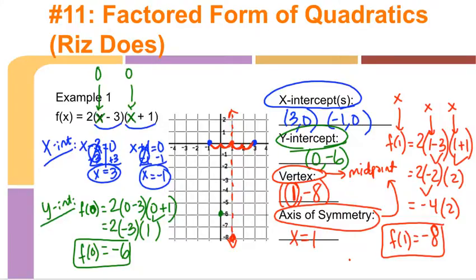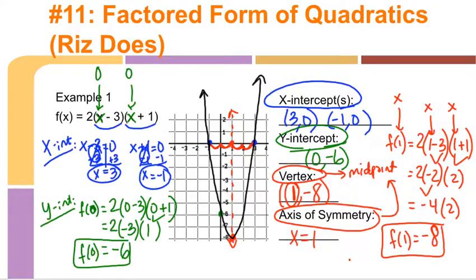And with those, now I have 4 points that let me know what my parabola is going to start to look like. And my axis of symmetry shows me where it's going to be split in half. So I connect from left to right, from the leftmost point, to this point, to this point, and back up through here.